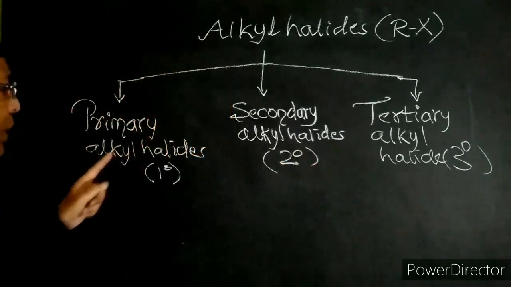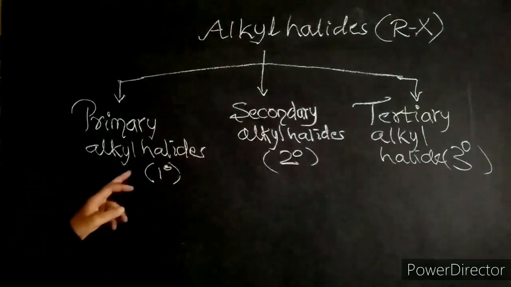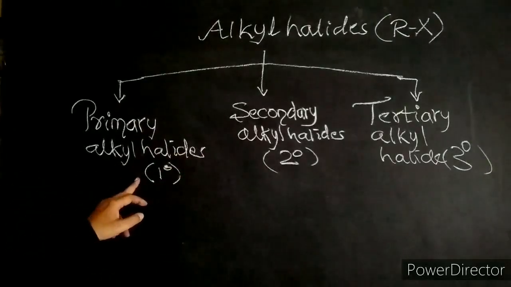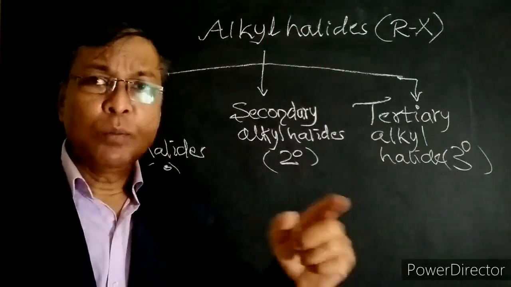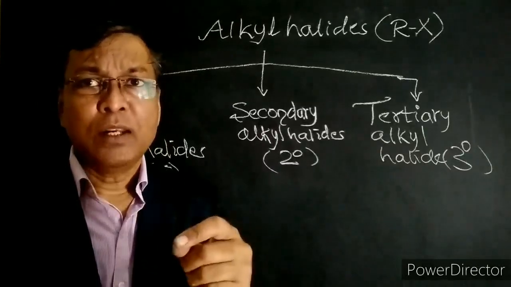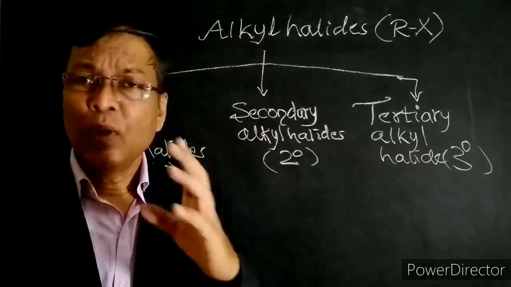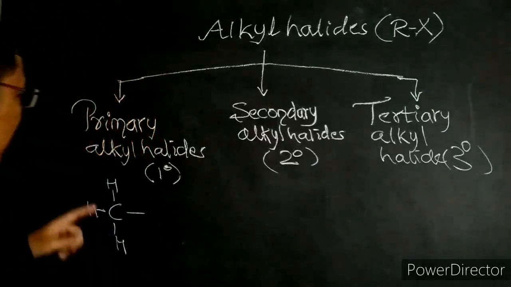In primary alkyl halides, the halogen atom is attached to a primary carbon atom. A carbon atom which is attached to one more carbon atom is known as a primary carbon atom. When the halogen atom is attached to a primary carbon atom, it is called a primary alkyl halide.